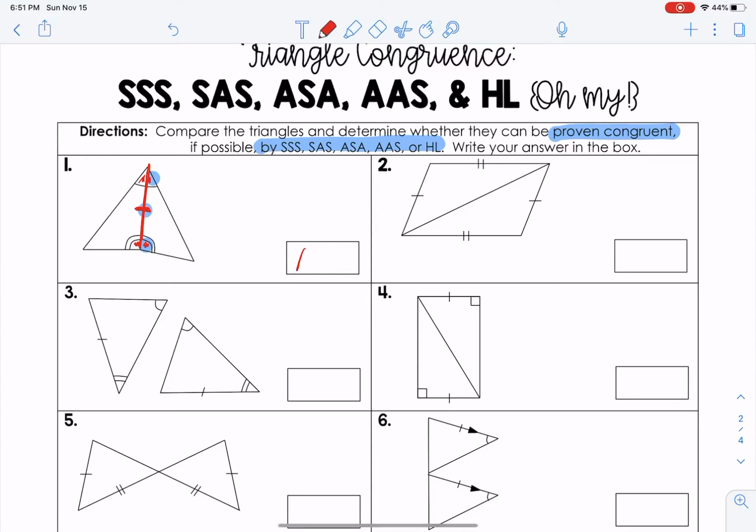So that's the postulate that I can use to prove that. For number 2, I'm given two sets of congruent sides, and I know that this is the same line. So therefore, it's congruent. So again, I have side, side, side, in order, with nothing in between, so I can say that this is side, side, side congruence.